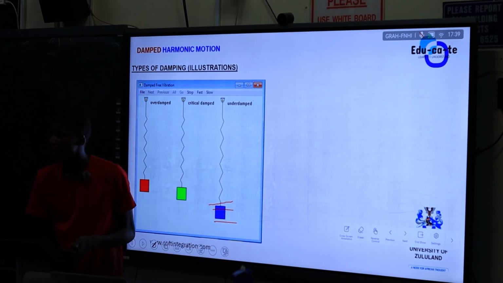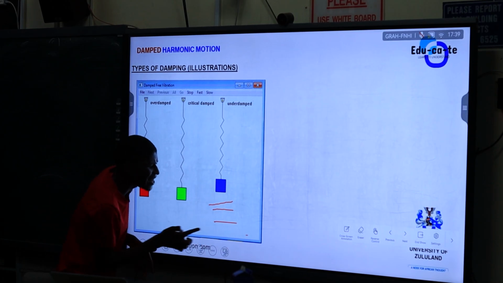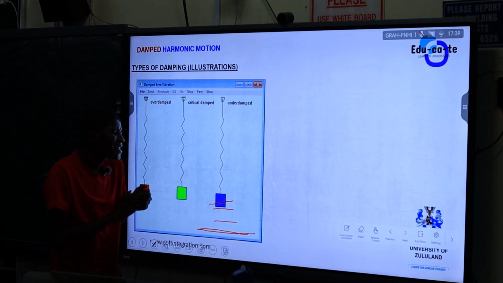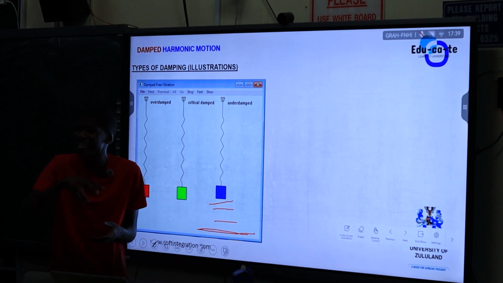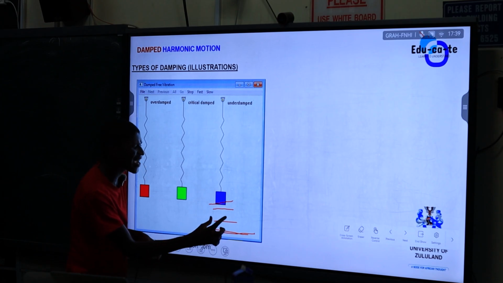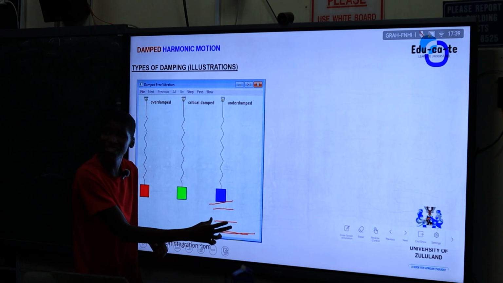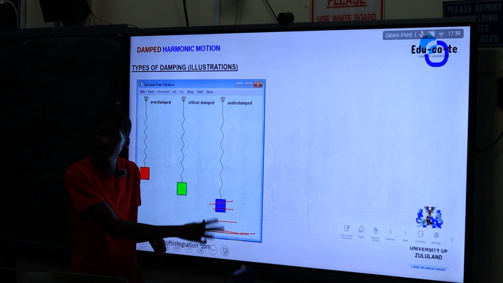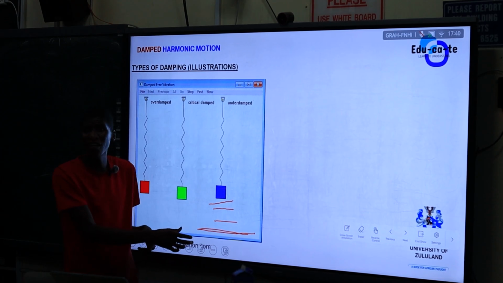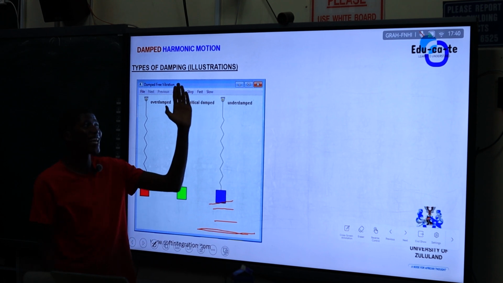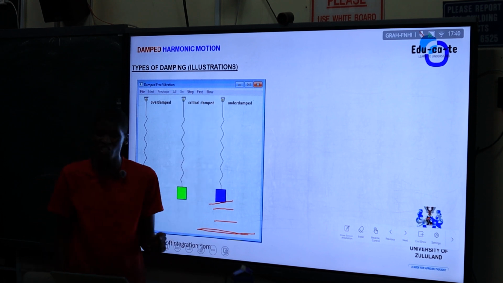You see that. Before it could swing far out here. But now because the system is losing energy, the amplitude decreases little by little. You see, it can only reach a smaller portion. It cannot reach the initial maximum it started with. This is known as under damped harmonic motion.